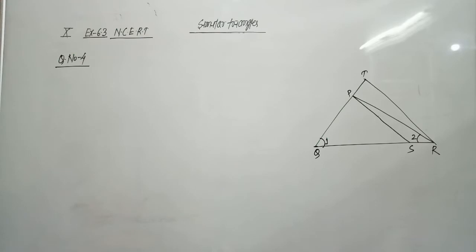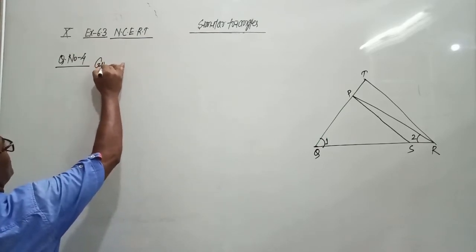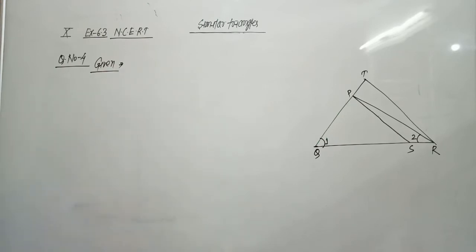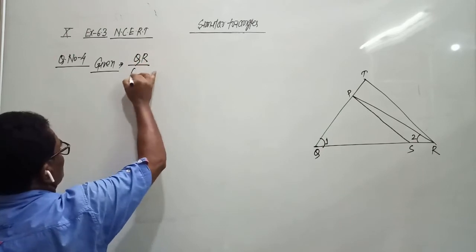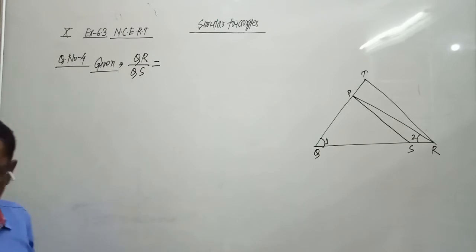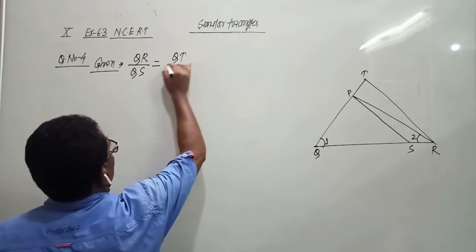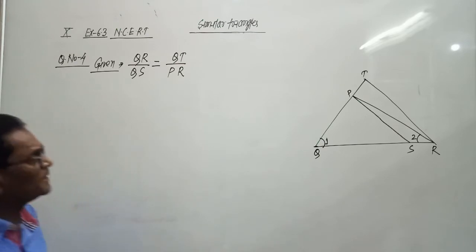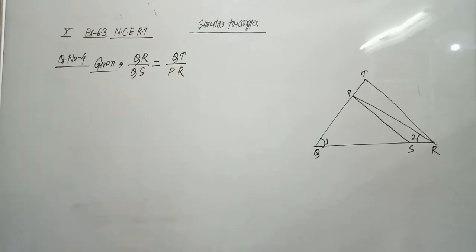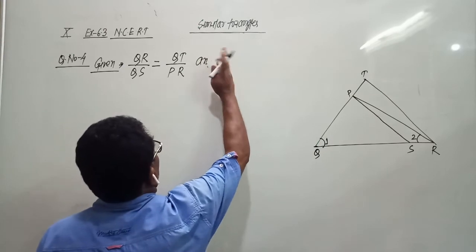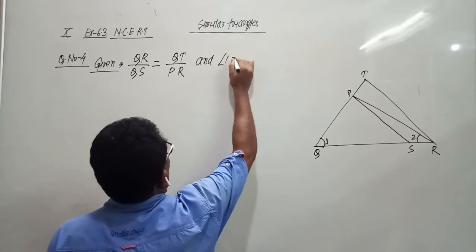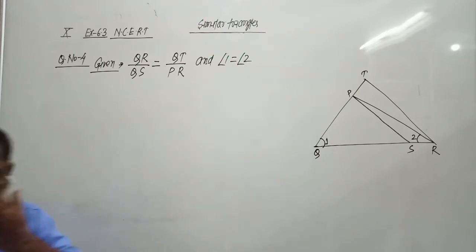So in question number 4 we have given that QR upon QS is equal to QT upon PR, and angle 1 equals angle 2.